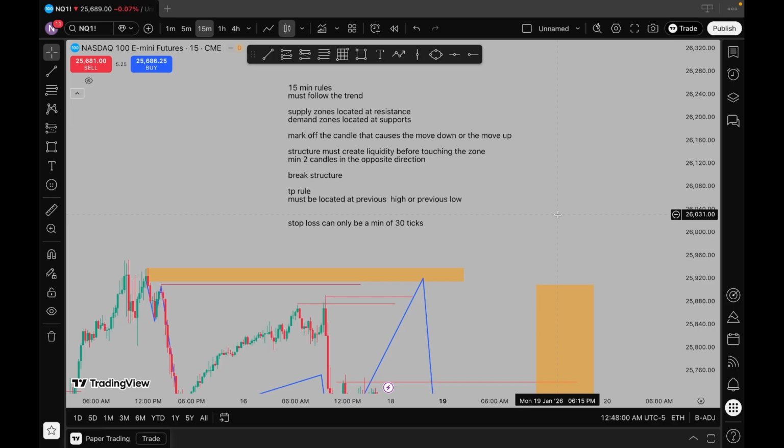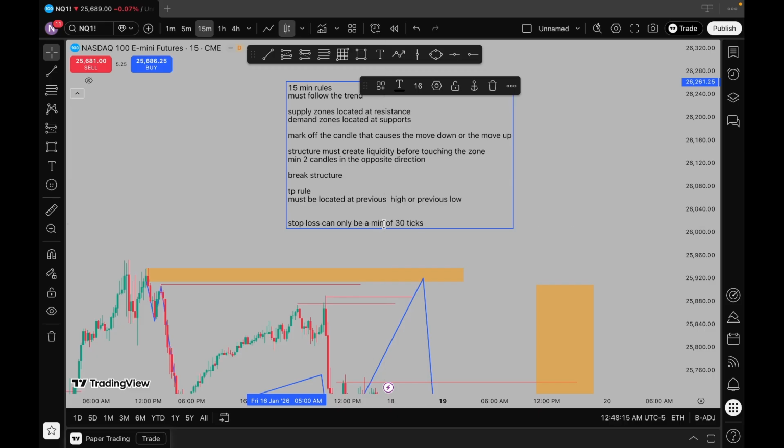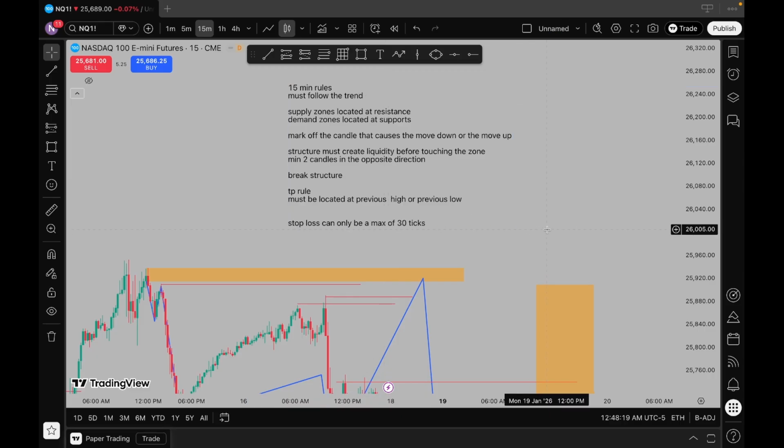My fucking leg fell asleep. No, not minimum, maximum, sorry. It can only be a max of 30 ticks. So you can't draw a stop loss bigger than 30 ticks.